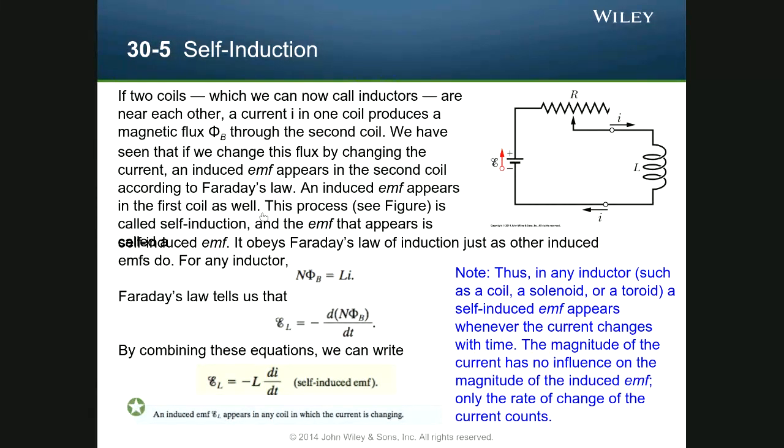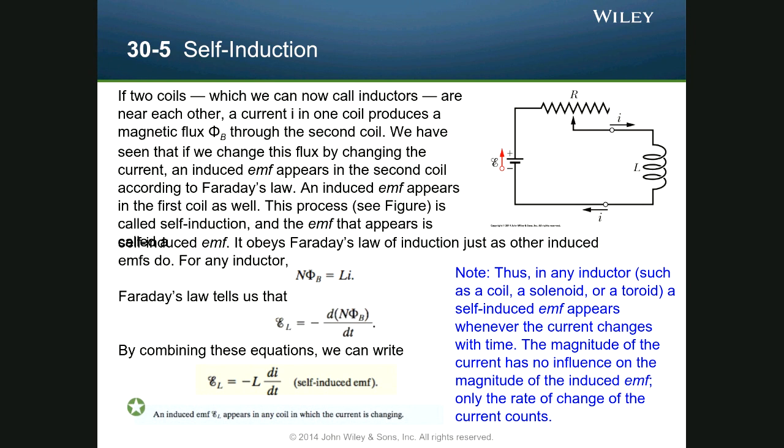Okay? So basically, let's be sure we have it all. An induced EMF appears in the first coil as well. This process is called self-induction, and the EMF is called a self-induced EMF.